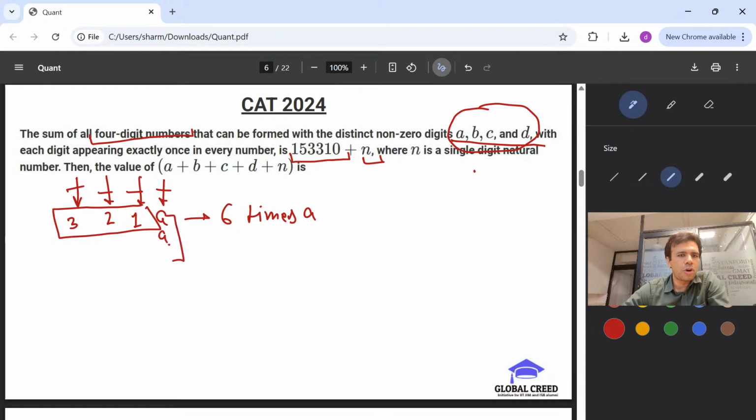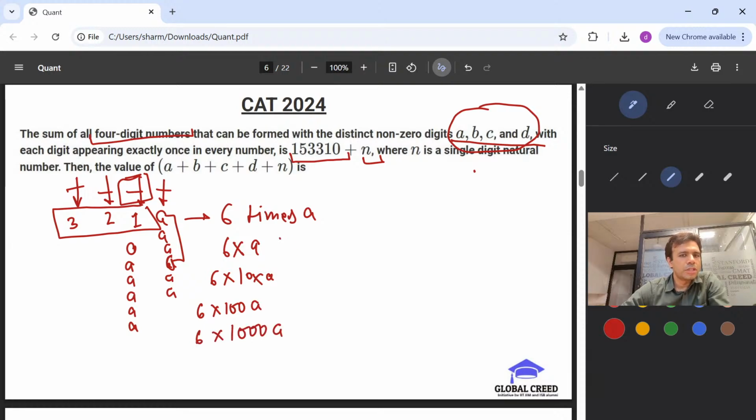So if I have to add all those 6 A's when A is coming here, I would get 6 times of A. Same way, if you take A here and you say that 6 times A will come here, it would be 6 into 10 because you are talking about a 10th place now. So 6 into 10A. Similarly, 6 into 100A. 6 into 1000A. This is the total sum of only A's when they come at this position.